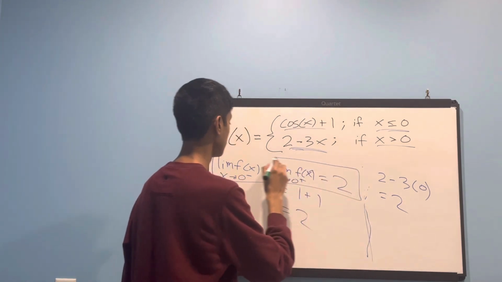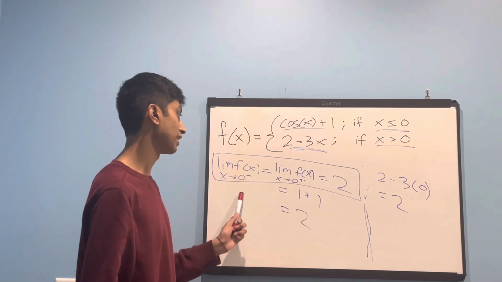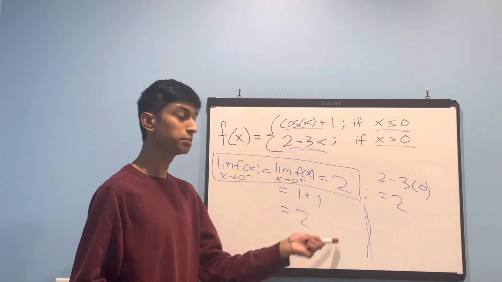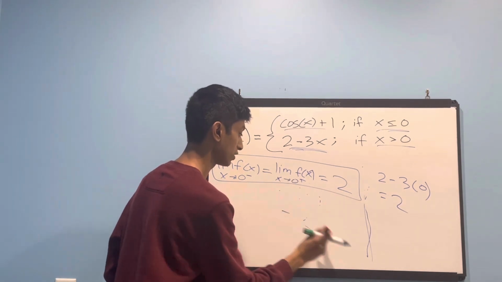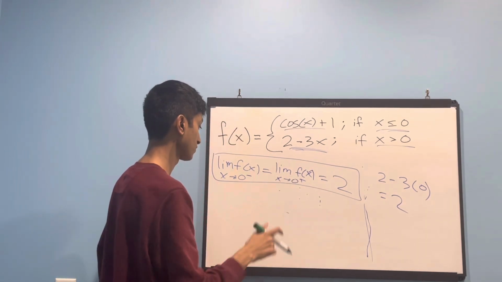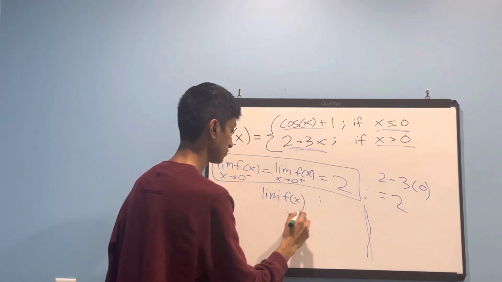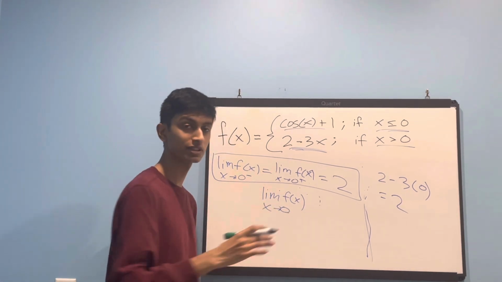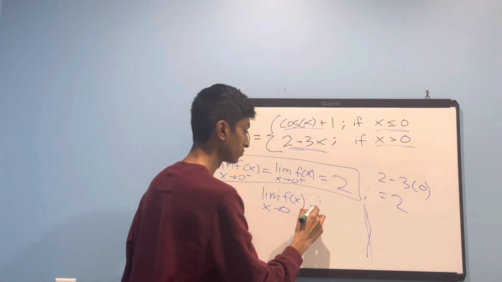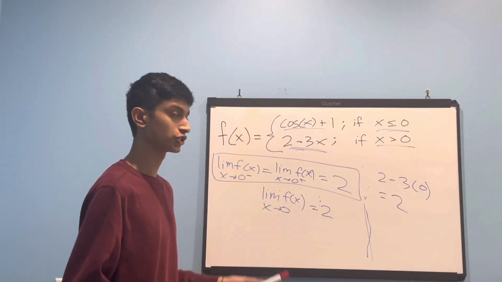And so this function is continuous at 0 because the left and the right limit are the same, and since the left and the right limit are the same, we can go ahead and write this. The limit of f of x as x approaches 0, not from the left or right, but just as x approaches 0, equals 2. And that's how we get that this function is continuous.